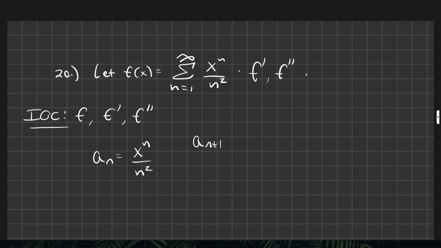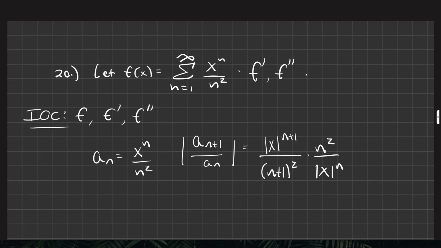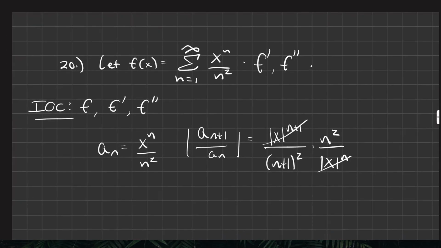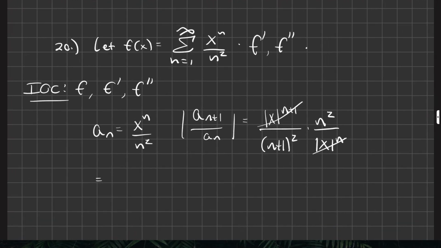So a_(n+1) over a_n is the absolute value of x to the n plus 1 over n plus 1 squared, multiplied by the reciprocal, which is n squared over the absolute value of x to the n. We can make some sweeping cancellations, so all we're left with is n squared over n plus 1 squared times the absolute value of x.